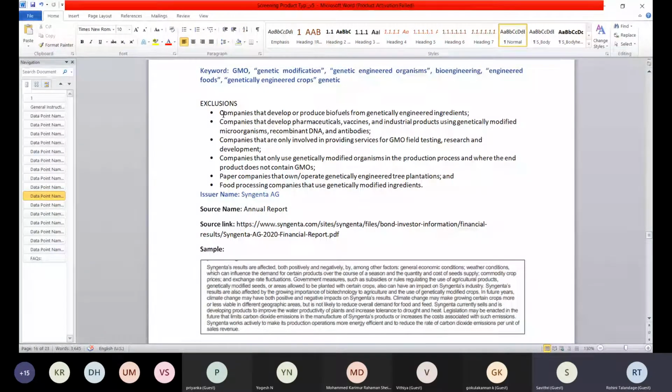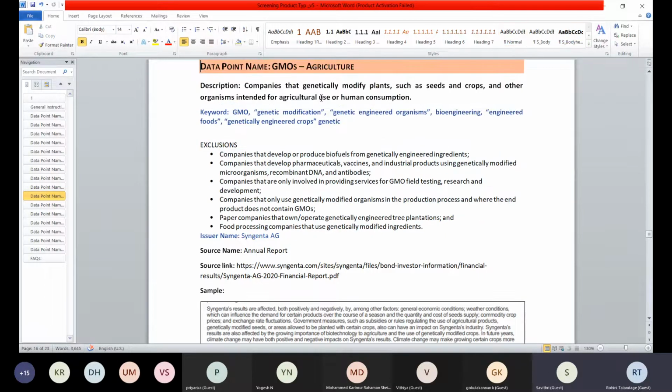For this also we have some exclusions, in which case you can mark it as no, like companies that develop or produce biofuels from genetically engineered ingredients. Okay, so they are producing biofuels from the engineered ingredients.